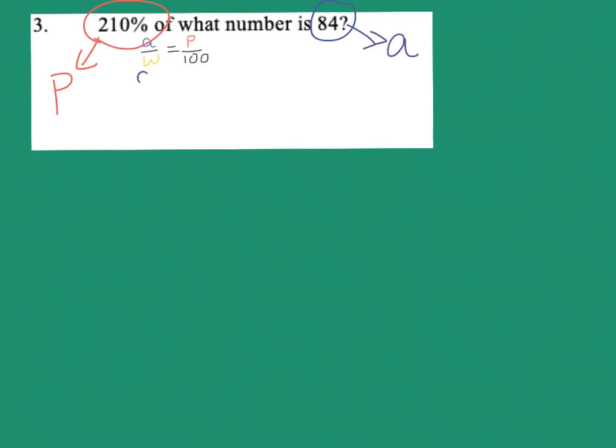So 84 divided by W is equal to 210 divided by 100.